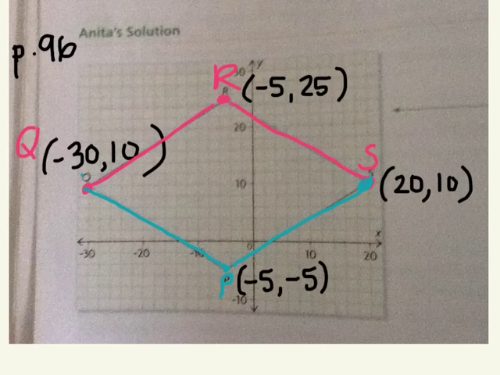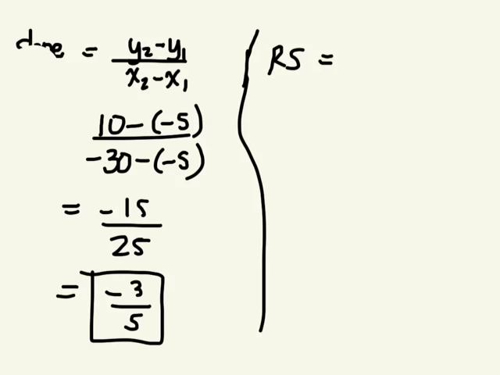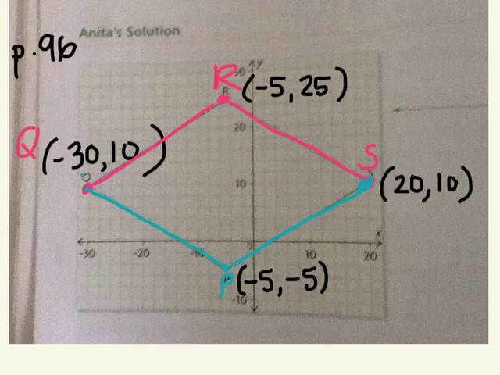I just found the slope for PS, which was negative 3 over 5. So the slope that I just found was actually, what was it, QP? PQ, QP. Let's label it on our diagram. Yes, sorry. I found the slope from Q to P is negative 3/5. Okay, and if you look at the graph, because we graphed this, that is the one that shows a negative slope. It's falling to the right.